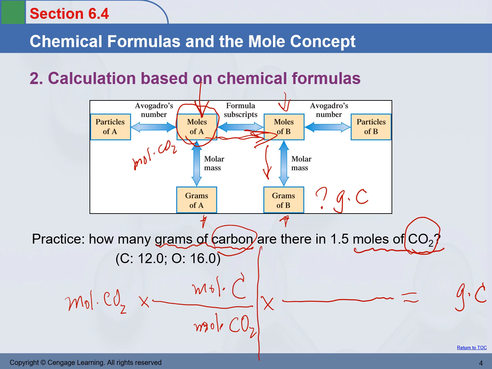We don't know what number we are going to get yet, but by the end of here, we know information about moles of carbon will be in this box. Now we need to go from this box to the final destination, grams of C. So from, at the bottom of the conversion factor, moles of carbon, and the final destination, grams of carbon, on the top.